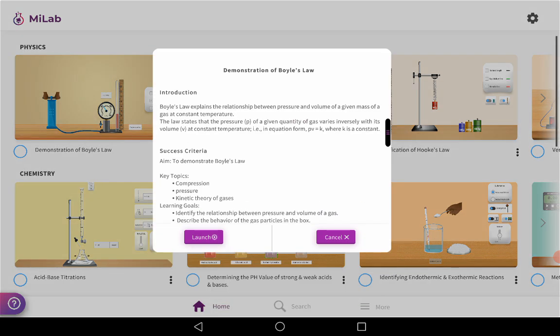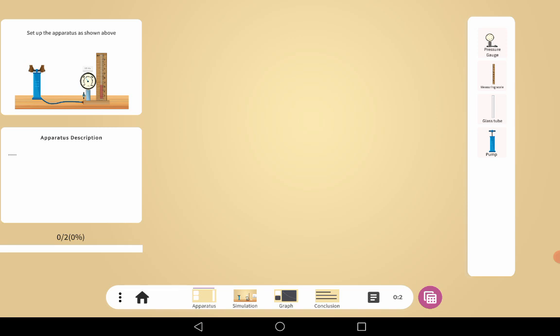For example, let me show you something. This is an application for simulating Boyle's law. What does Boyle's law say?